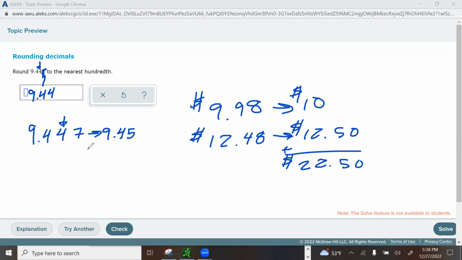Because after all, is 447 closer to, well, which of these numbers is it closer to, 9.45 or 9.44? Well, it's closer to 9.45. Or you can think of it like this: 447, is that closer to 450 or 440?